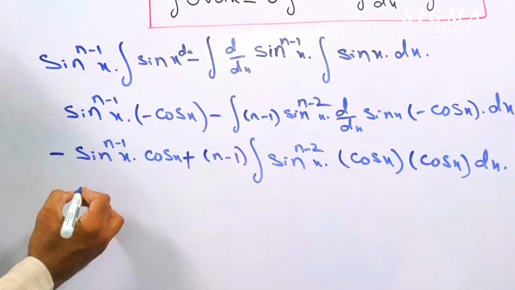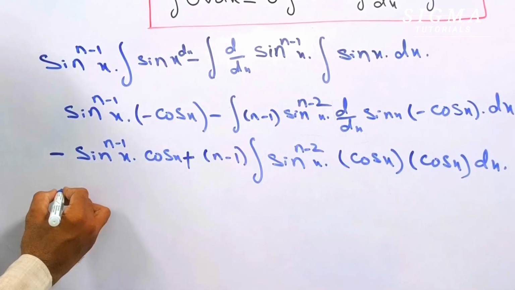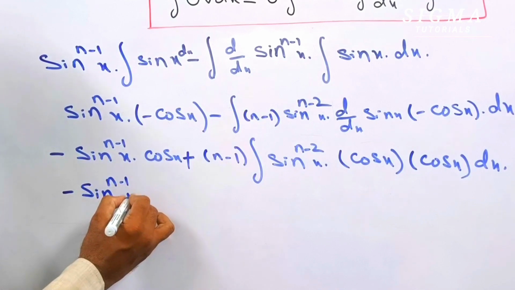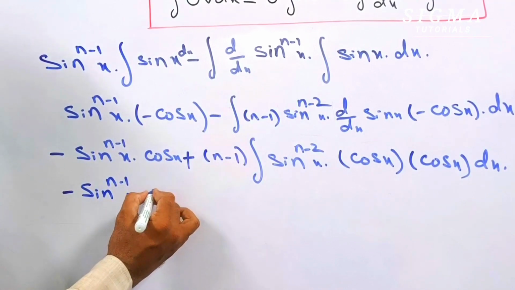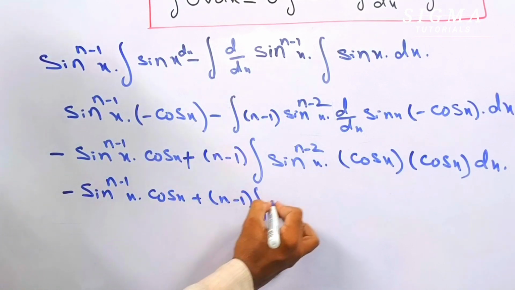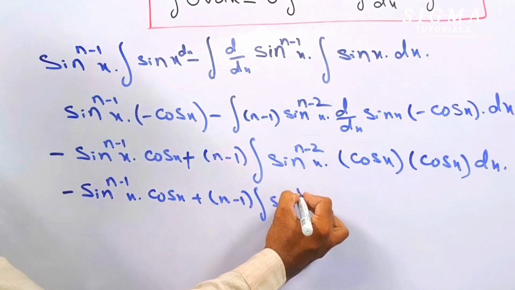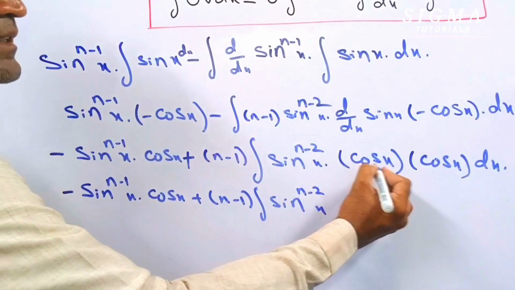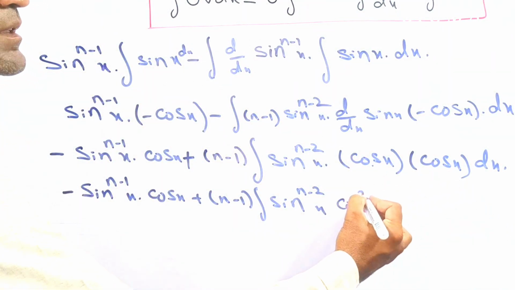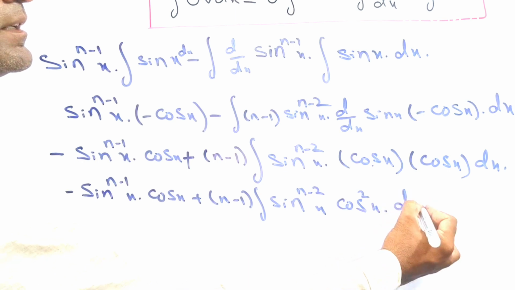Now friends, from here in the next step there will be no change. I will repeat the same step. Minus sine power n minus 1 x cos x plus n minus 1, again this thing is the same, sine power n minus 2 x cos x into cos x. Here there will be a small change: cos square x dx.